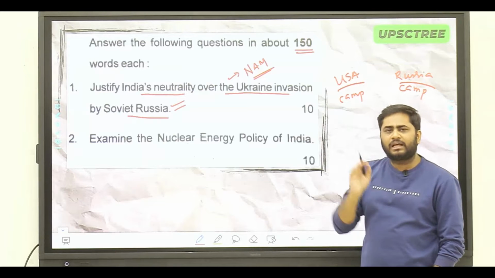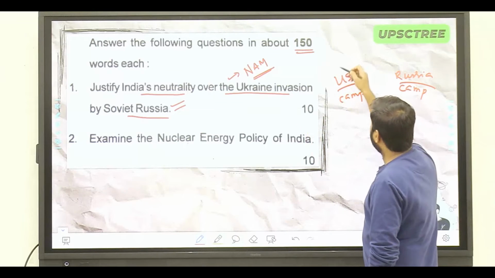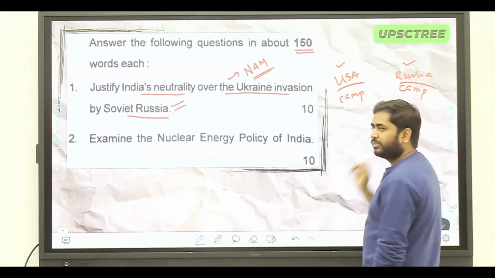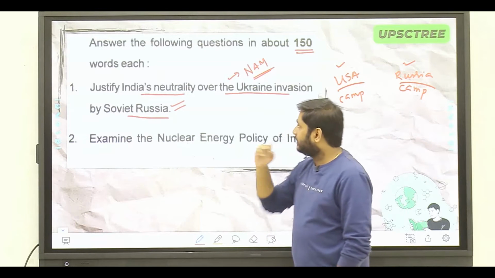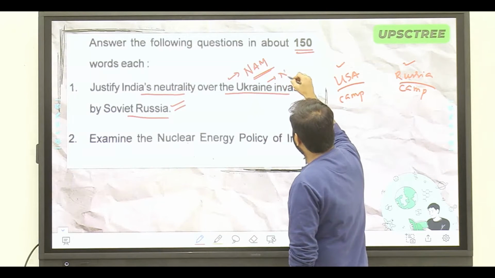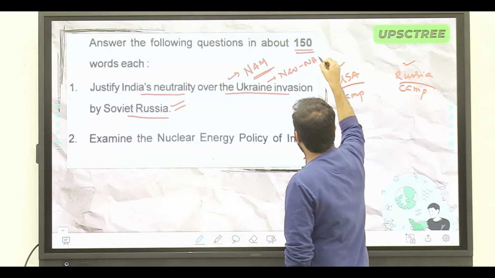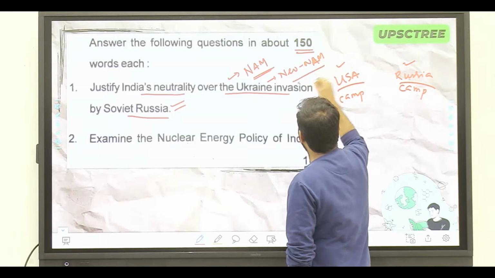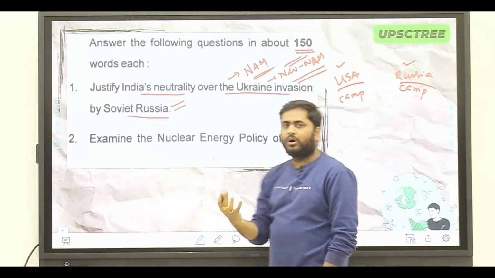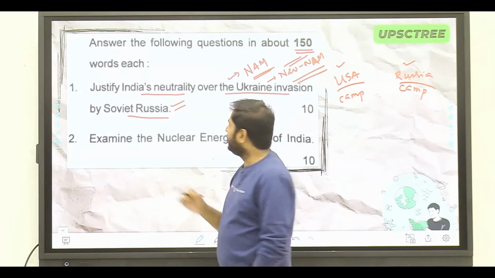That is, in the non-alignment movement, we didn't go for either the US camp or the Russia camp. You have to show that this is nothing new for Indian philosophy or idea of foreign relations. This is just a new or neo non-alignment movement that you establish.